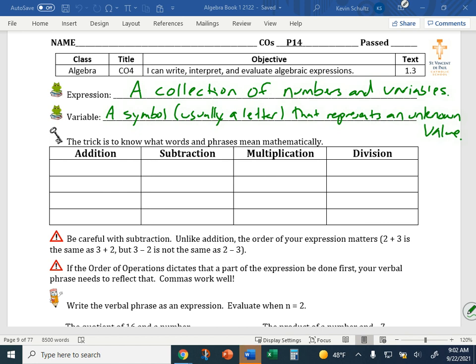Most typically, you'll see N or X or Y or Z, A, B, could be C, sometimes D. I've seen F. Don't forget about E, though. E's in there, too, sometimes. G. H could be used. Even I.